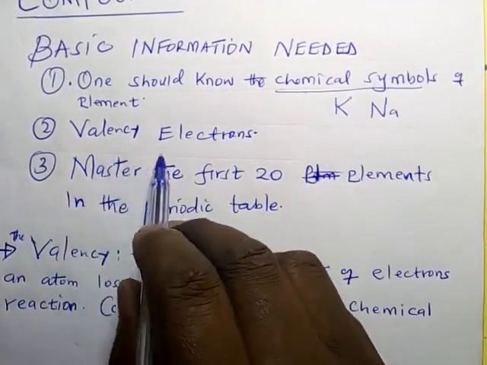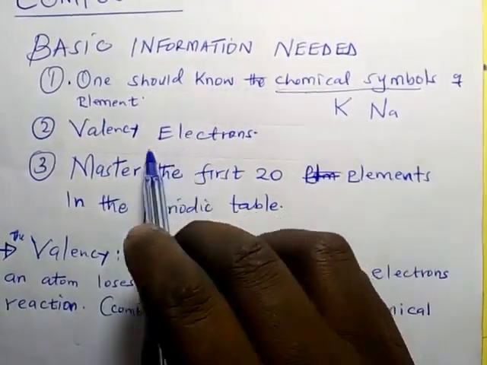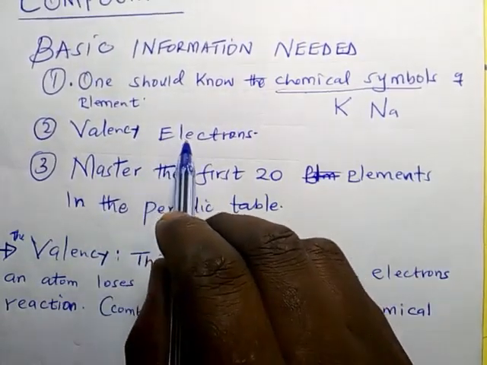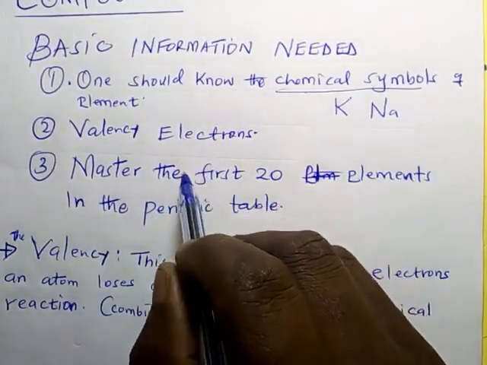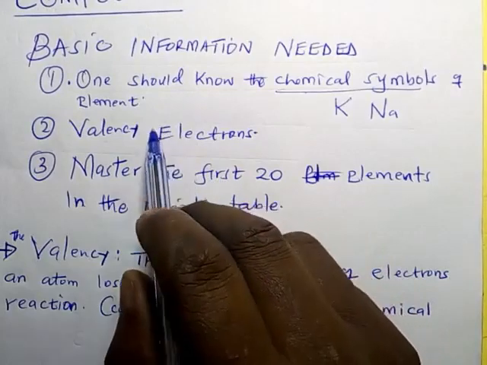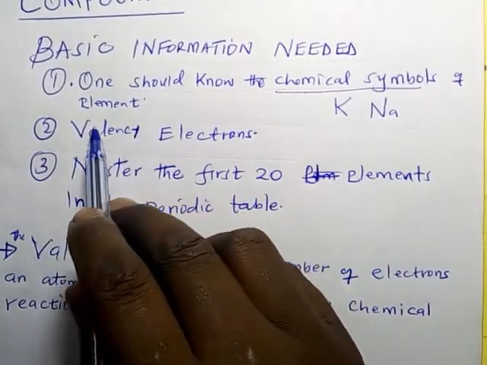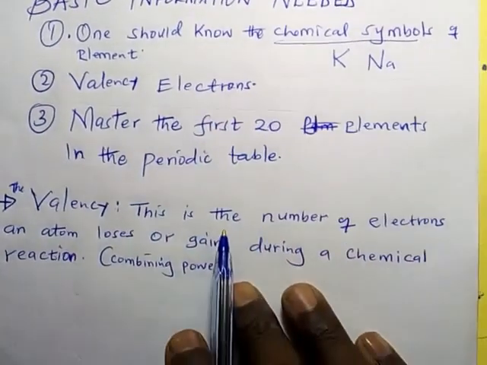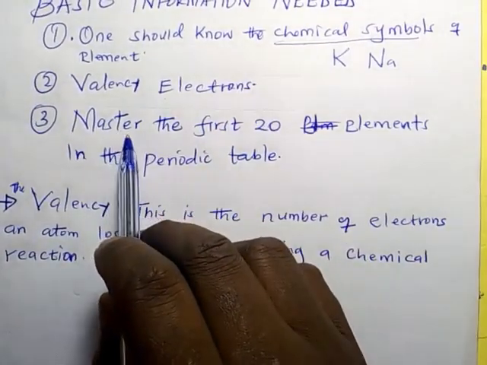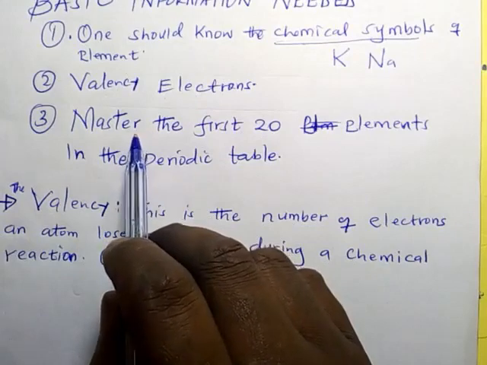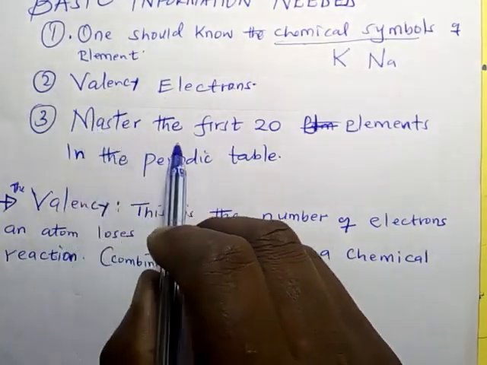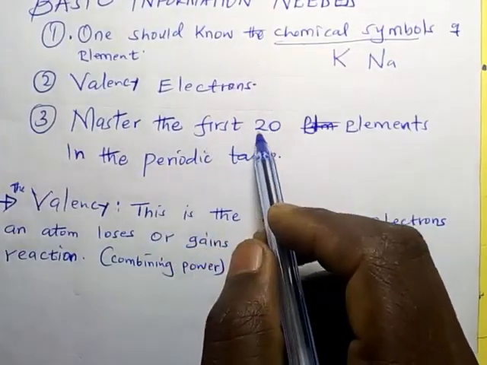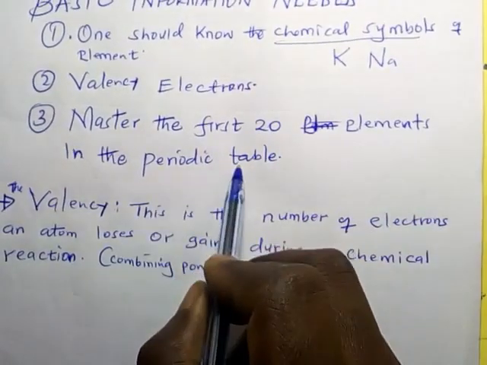The second thing you must have at your fingertips is the valence electrons, the valence of the element you are talking about. And that's what I want to take you through, how to determine the valence of an atom. The third thing I think you must have is the first 20 elements in the periodic table.